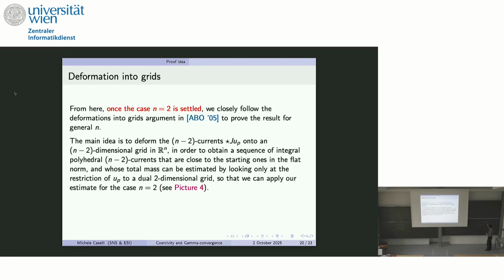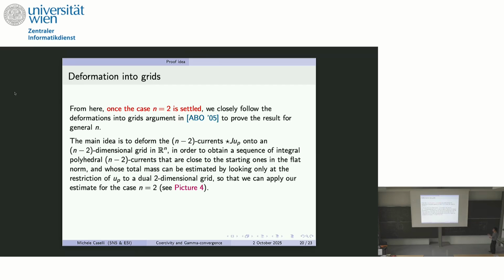So in R3, a very vague picture is that you can think like this. You have a one-dimensional grid, a union of cubes. You can deform the Jacobians to be supported only on the grid, so that you are close to the starting ones in the flat topology, because if not, this deformation is useless.